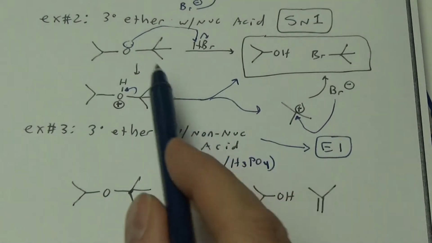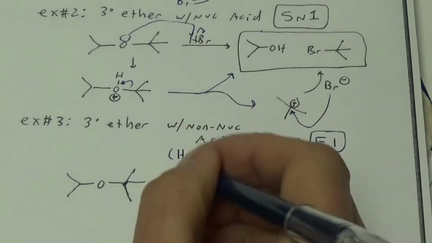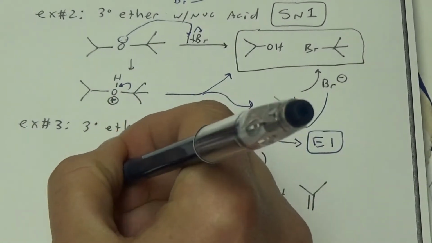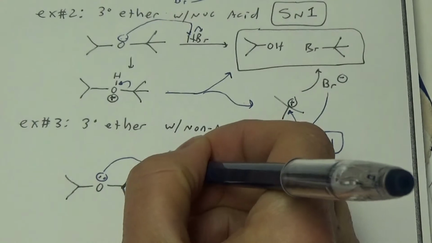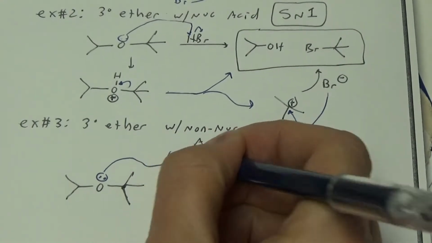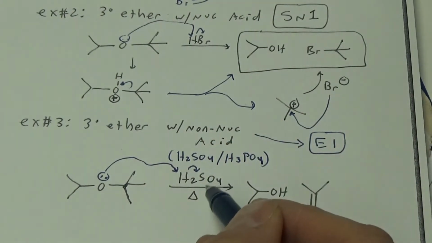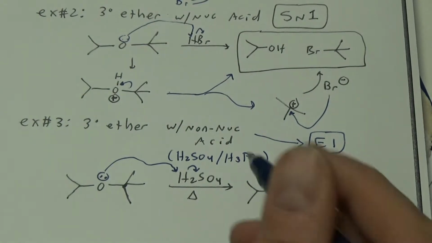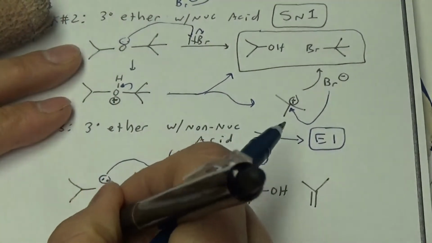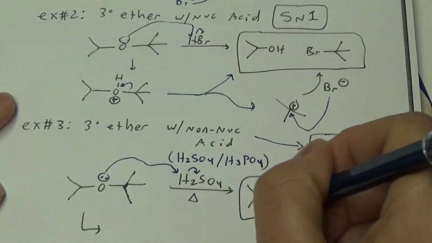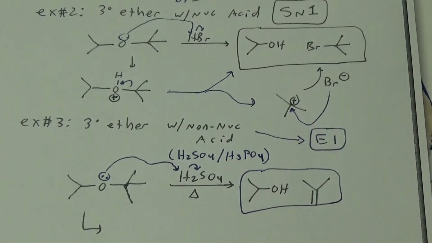Just like we did before, first step is always protonation with our super duper acid. So HSO4 minus is formed. Okay, I'm going to put a square around the products and let's figure out the mechanism. So we protonate.